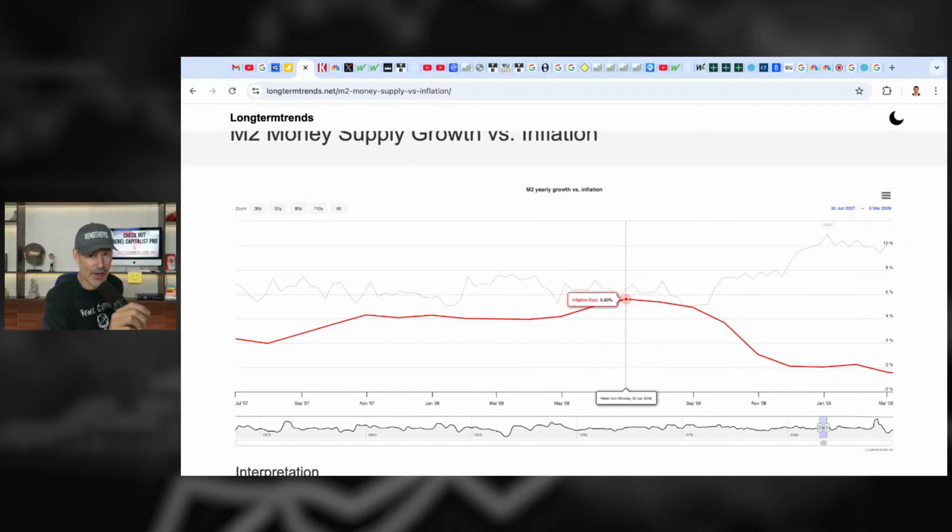That would be like the equivalent of the CPI going from what we had, just a month ago or so, at 2.5 and going all the way up to 4.5.